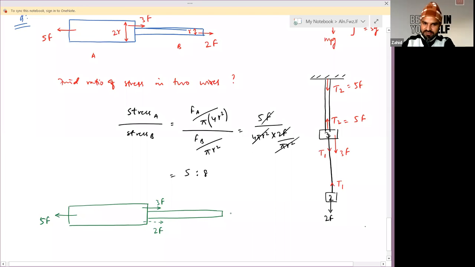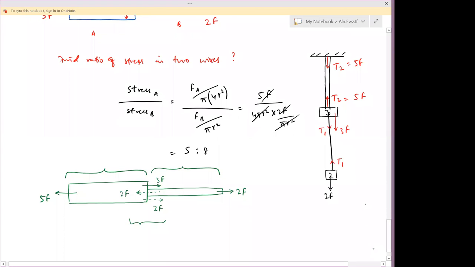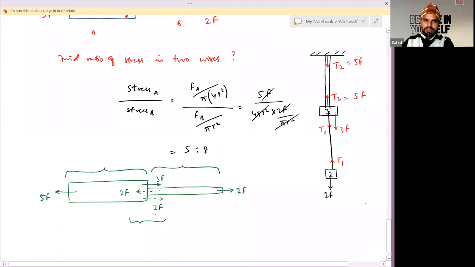Next is 2F acting at this point. So there will be a reaction force to this, which must be acting at this point like this. Now check, net force at this point will be 3F as it is. So the total force for this segment will be 5F and total force for this segment will be 2F. Is it clear? Yes, sir. So you may use this concept to find the stress on either wire.